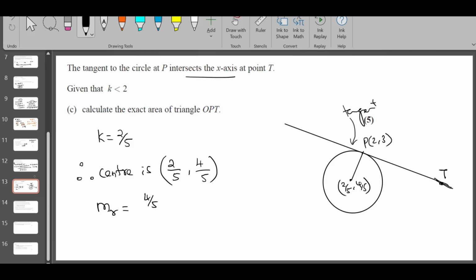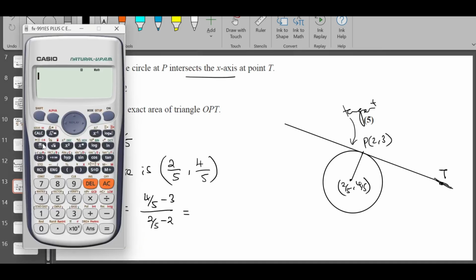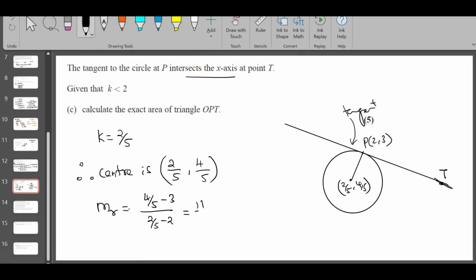The center is (2 over 5, 4 over 5). So the slope of the radius is y2 minus y1 over x2 minus x1. 4 over 5 minus 3 divided by 2 over 5 minus 2. That is 11 over 8. So the tangent line is a line perpendicular to the radius.